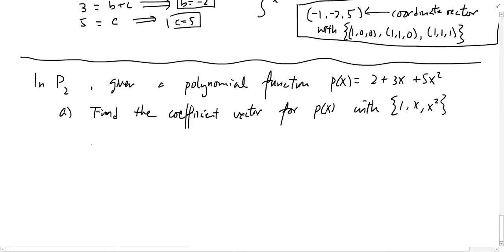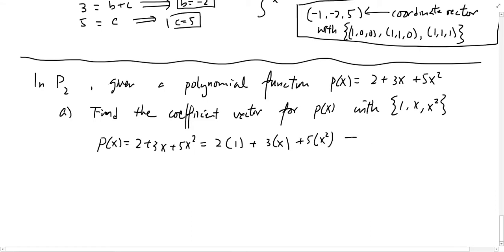And if you think about it, it should hopefully give you a little deja vu when you do this. So P of x is just equal to 2 plus 3x plus 5x squared. Technically speaking, it's just 2 times 1 plus 3 times x plus 5 times x squared. So that tells me that the coordinate vector is (2, 3, 5). That is the coordinate vector.